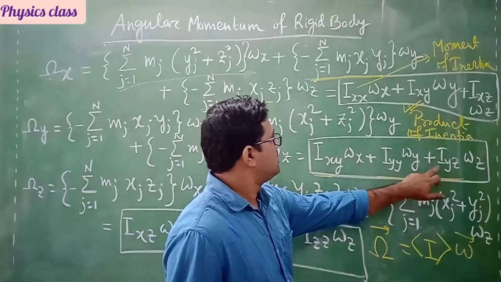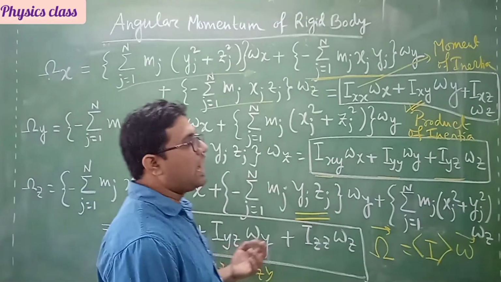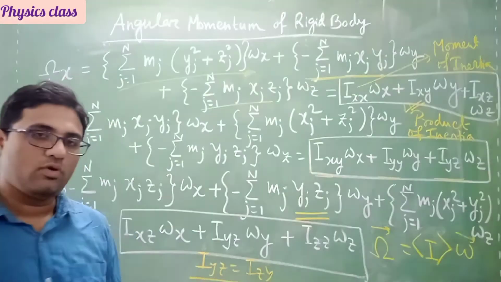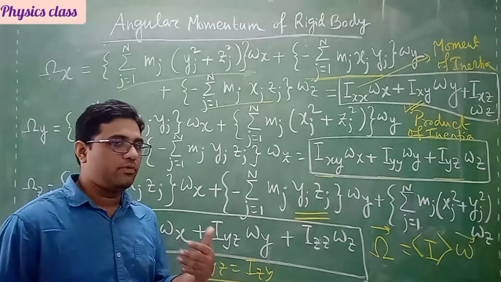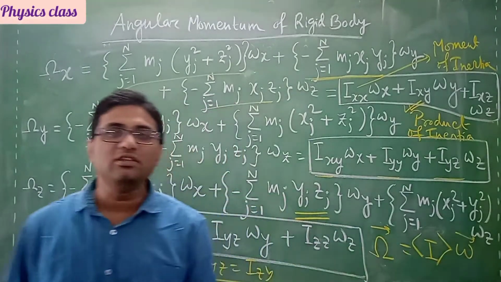And in this case we have zy. If we write that, it will be Izy. So basically Iyz and Izy are the same. We have to remember that, because in the moment of inertia tensor we will write like that.